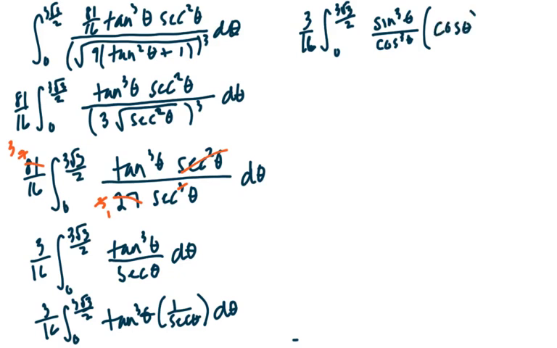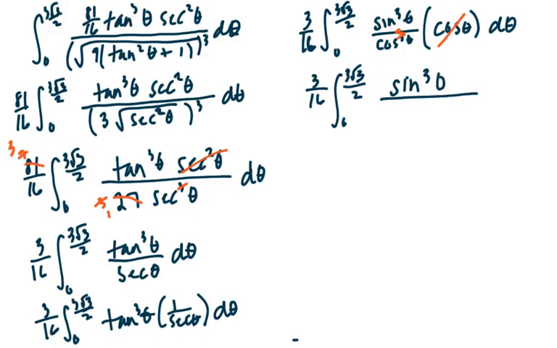So here we're going to have a cosine theta, d theta. So 3 over 16, 3 square root of 3 over 2. Sorry, that's a 2, not a 3. So this cosine cancels with one of these, so we still have 2 of them. So we have sine to the third theta over cosine squared theta, d theta.